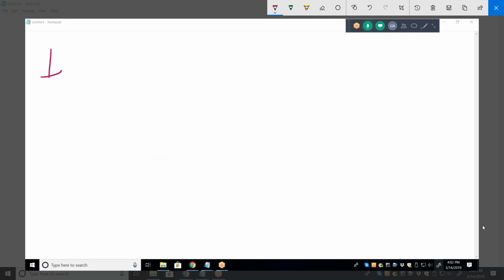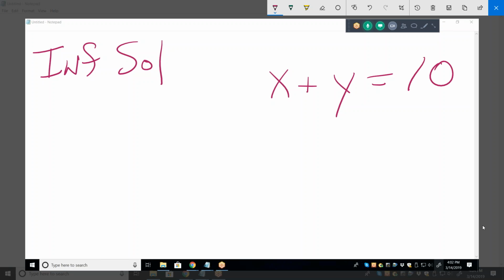Sometimes you have an infinite number of solutions. If I say x plus y equals 10, how many solutions are there? Infinite. Yeah, x can be 1, y can be 9, x can be minus 1, y can be 11. Obviously, I got an infinite number of solutions.